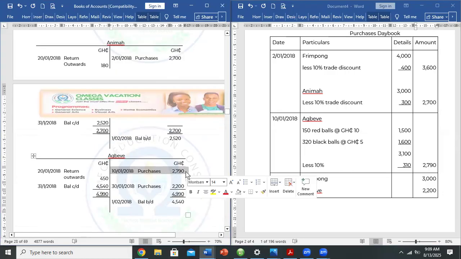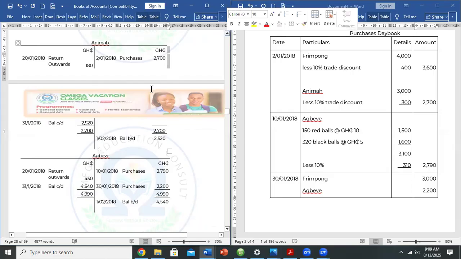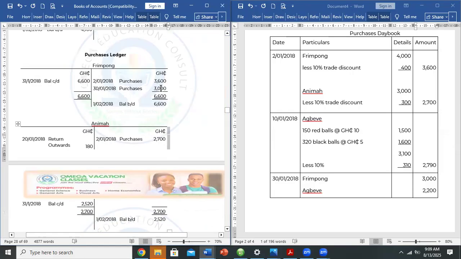The next was on the 30th, purchases from Frimpong. We already have Frimpong's account, so you go back and credit the purchases to Frimpong's account, 3,000. And the last one was to Agbeve, so you go to Agbeve's account and put in the purchases of 2,200.